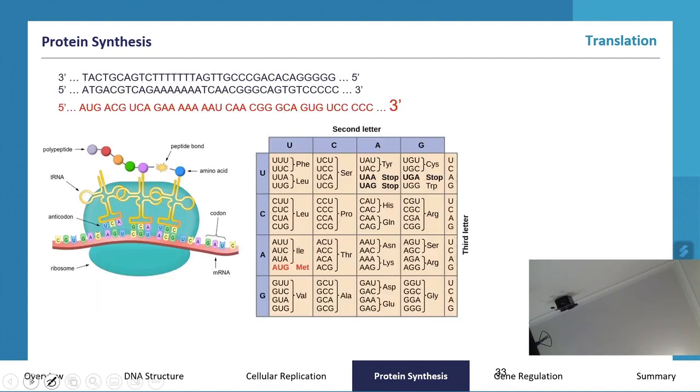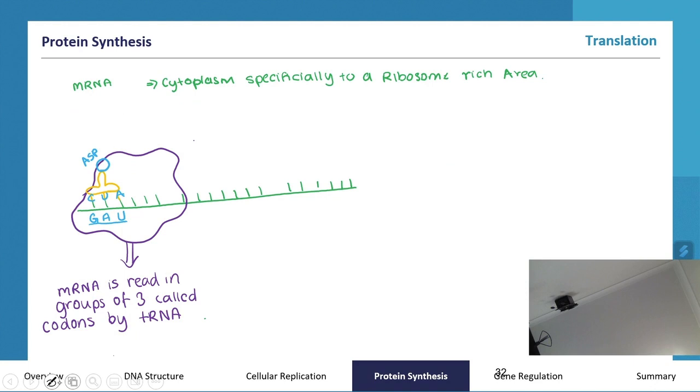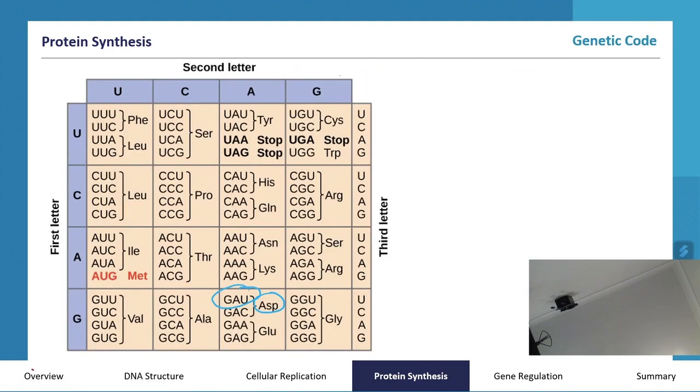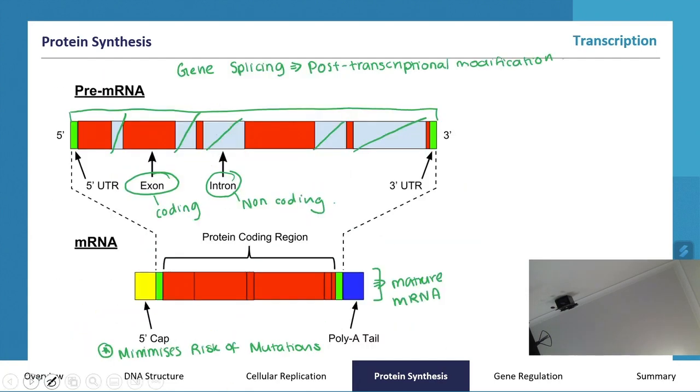Then another tRNA molecule will move on to the next set of codons. So like so. For example, if I had UAC, the anticodon will read AUG, and then UAC would form a TYR amino acid.